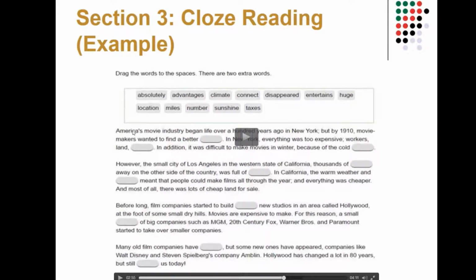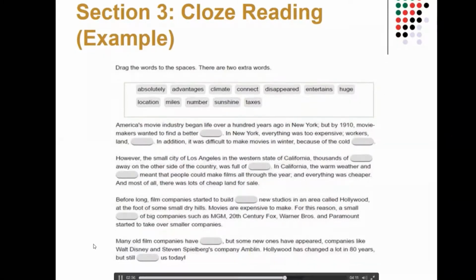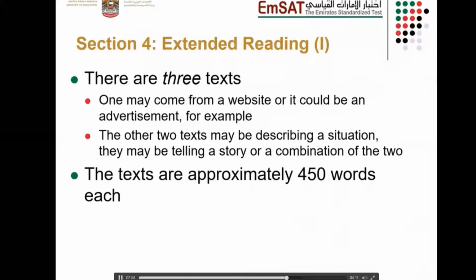So you see, we have to come back and come back in front here to make sure which word is the first one, which is the second, why the third should be climate, and so on, until we decide on the correct word. Close is a little bit difficult, but with more practice, you will be able to do it.